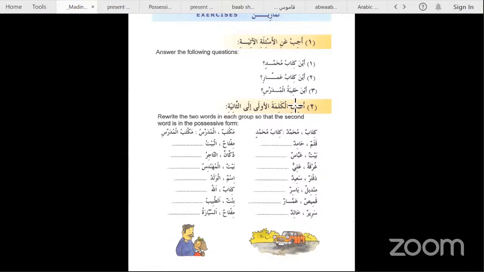It's hiya ala sariri. There's no need to bring a ta marbuta. It's only the pronoun which is referring to the actual bag of the teacher that needs to be feminine, not the noun itself or the object. That remains as it is. So only the pronoun is going to change. Yeah, that's right.